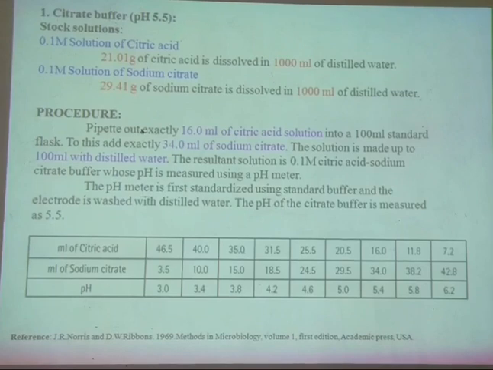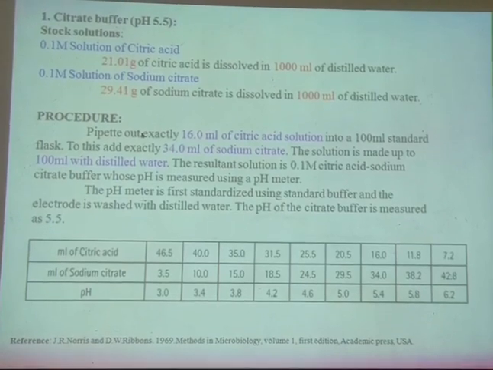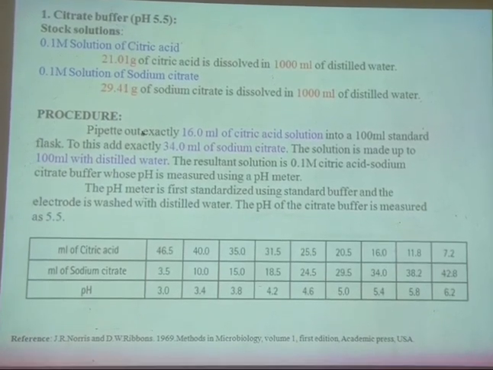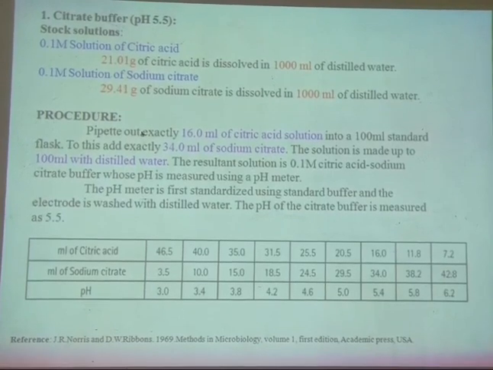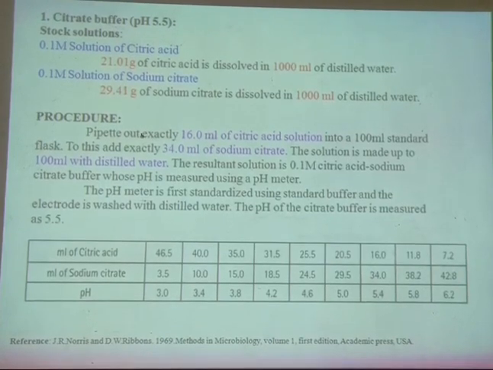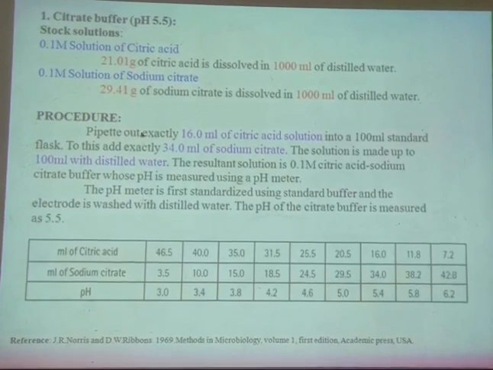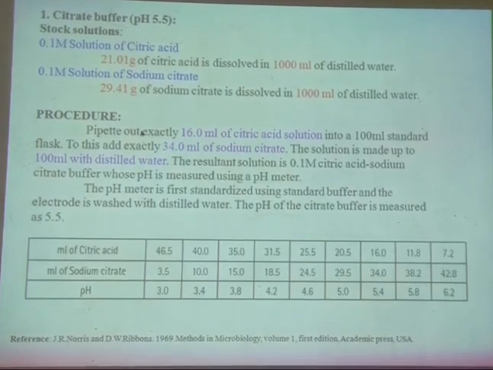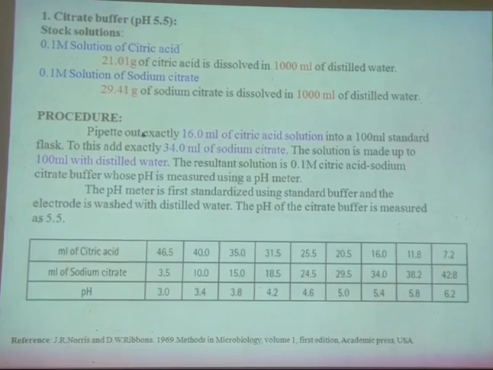It cannot work as a buffer. It may work as an acid, or if it goes beyond 6.2, as an alkali. So between pH 3 and 6.2, only the citrate buffer can be used, as per Methods in Microbiology Volume 1, published in 1969.